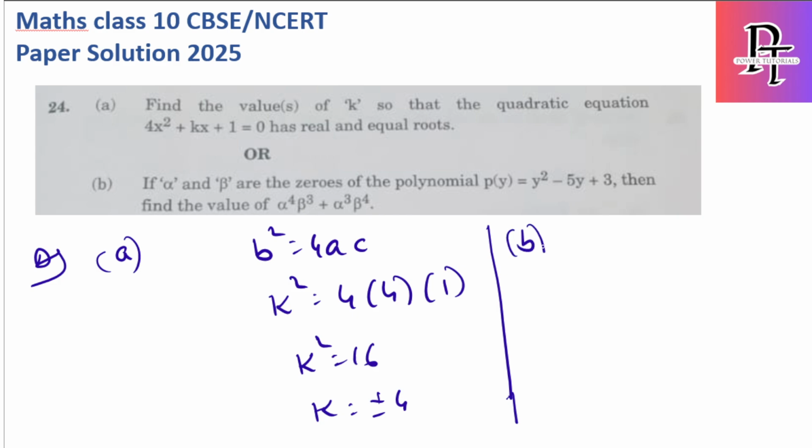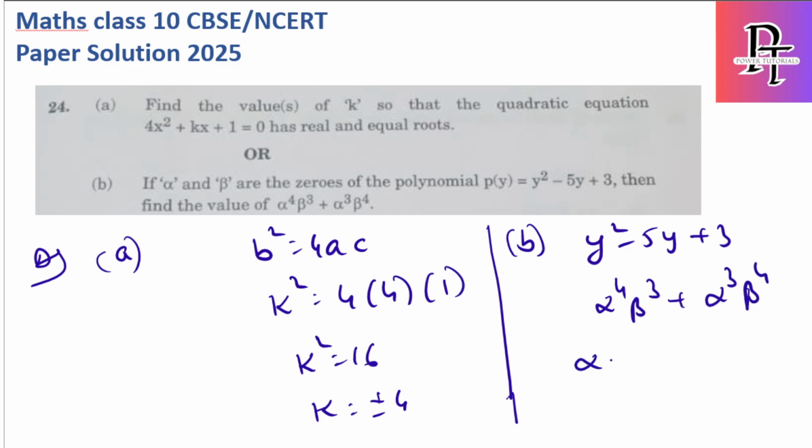Again I will see B part. So it is y square minus 5y plus 3. What they are asking is alpha power 4 beta cube plus alpha cube beta power 4. So this I can write as alpha cube beta cube, if I take it as common, this becomes alpha plus beta.